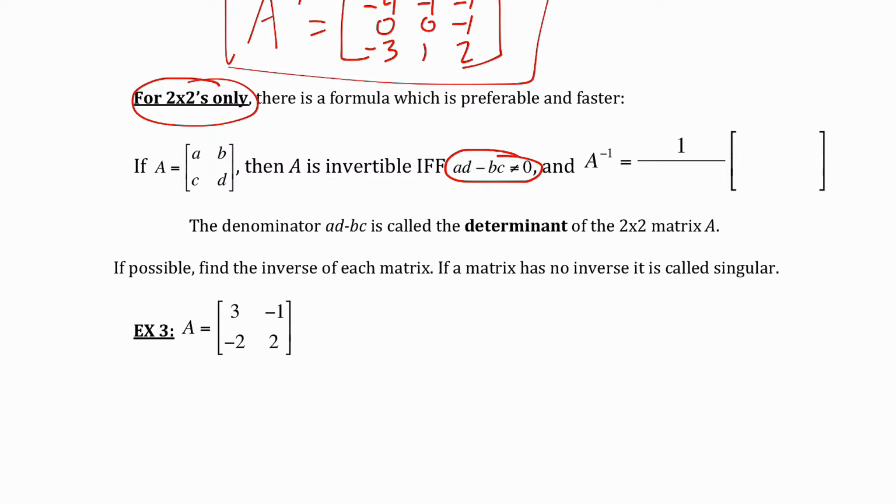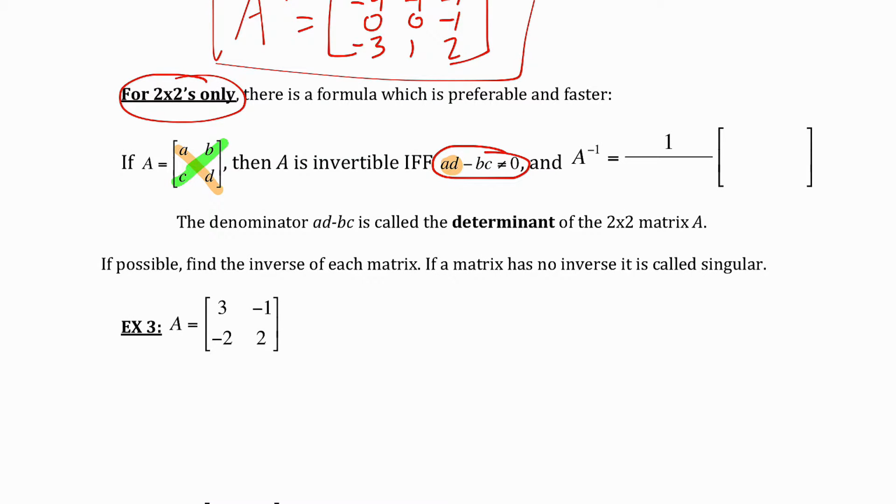AD are diagonal from each other, minus BC, which are also diagonal from each other. And to calculate the inverse, again, I'm going to emphasize one thing here. The AD are diagonals of each other, the BC also diagonals of each other.